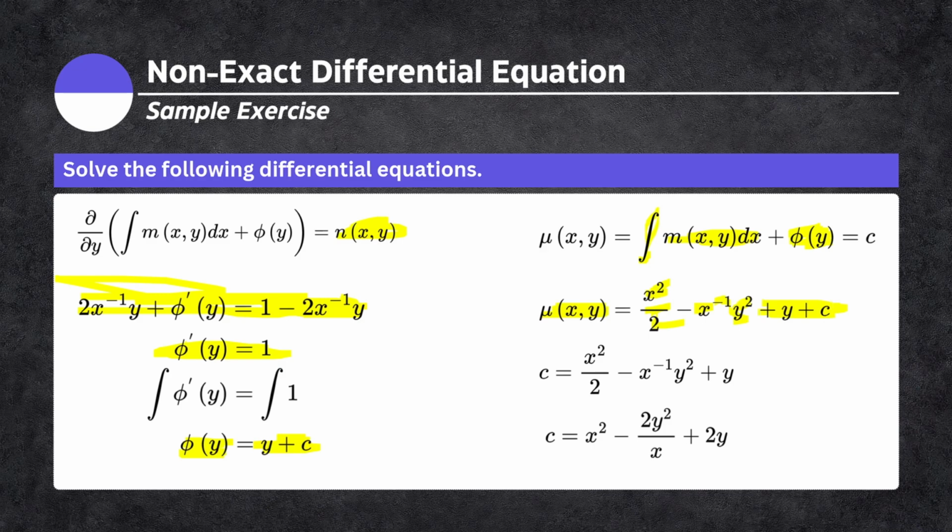And let's just equate it to c. We will arrive at this answer, which is c equals x squared over 2 minus x raised to negative 1 y squared plus y. Then further simplify, so we have c equals x squared minus 2y squared over x plus 2y.